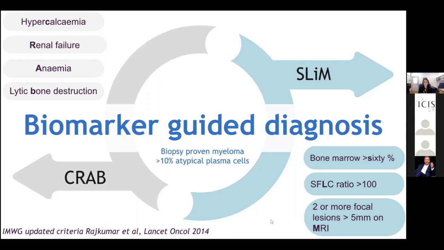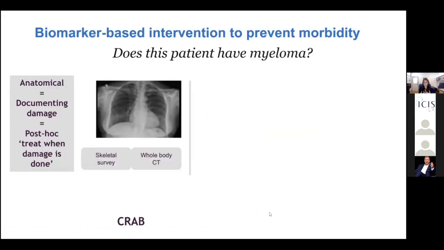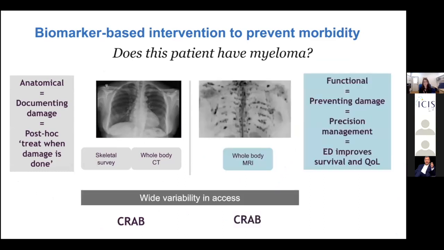So why are the SLIM criteria better for patients with myeloma? Well, if you think about it, the CRAB criteria are establishing end organ damage. So we end up diagnosing post hoc and treating post hoc, and sometimes that end organ damage is irreversible. What the SLIM criteria enable us to do is to treat before end organ damage.